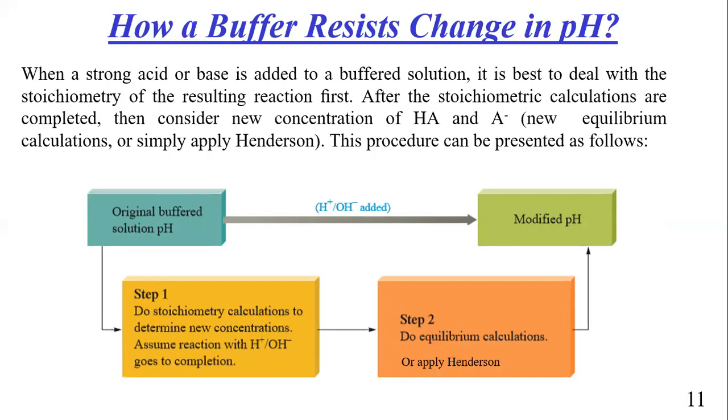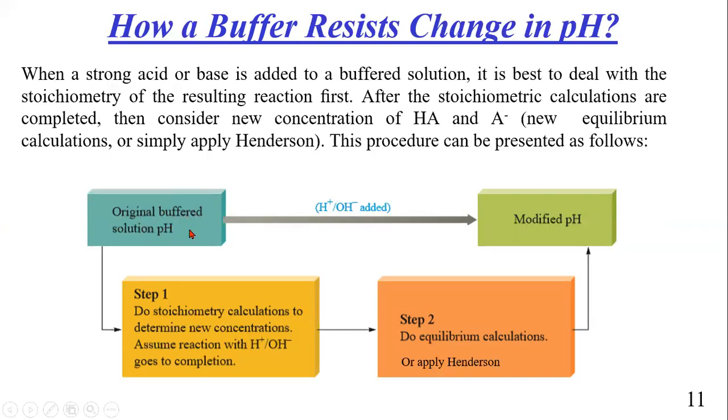Okay, so this is just a summary of what happens, calculation-wise, when we add any H plus or H minus into our system. I take my original buffered solution, and remember, a buffer solution is simply a solution which has a weak acid and its conjugate base, usually in the form of the salt, or a base and its conjugate acid.